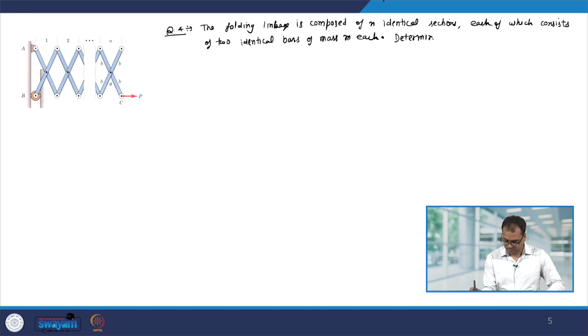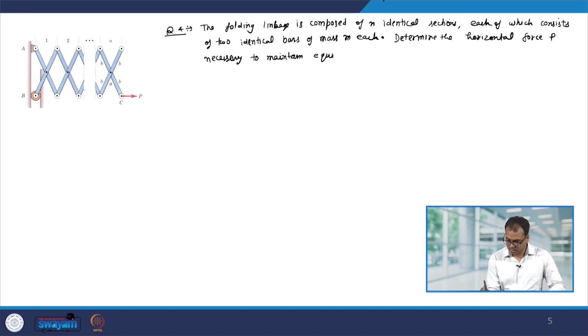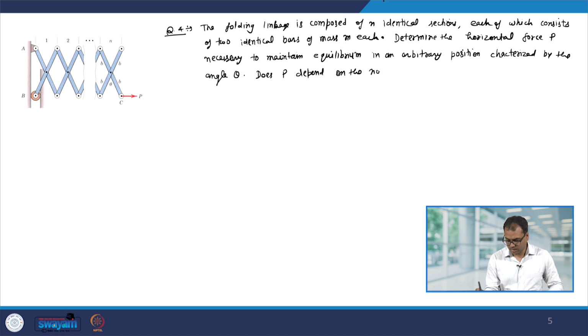Determine the horizontal force P necessary to maintain equilibrium in an arbitrary position characterized by the angle theta, and it is also asked, does P depend on the number of sections present.